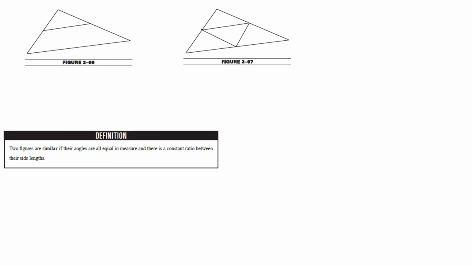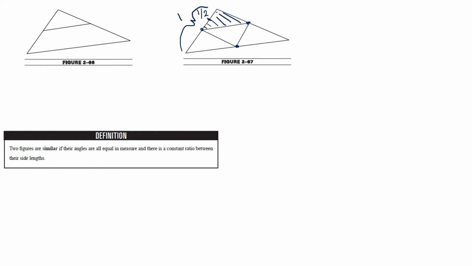So this endpoint, and this endpoint, and this endpoint all bisect, so they split perfectly in half their respective sides. And that means that this side length of this smaller triangle is what we're going to focus on right now. This side length is exactly half as long as the whole side length here. We call that a full 1.